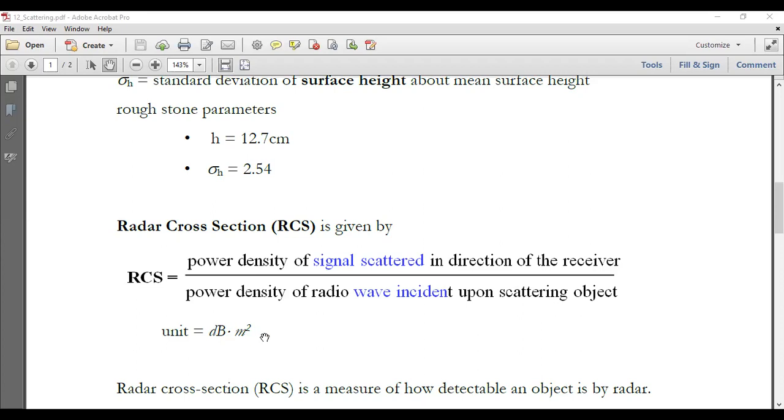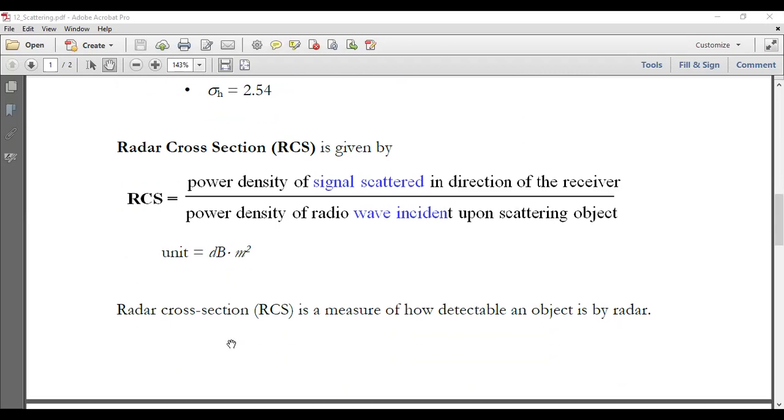Yeah. The radar cross section uses the term radar because, like a radar, you consider the power, as I was saying. The radar has both transmitter and receiver. It transmits a signal, maybe a pulse, and that is incident on the object, and thereafter it comes back.